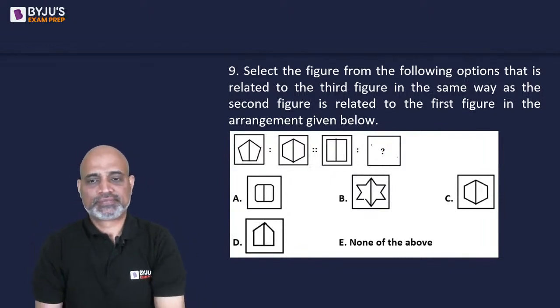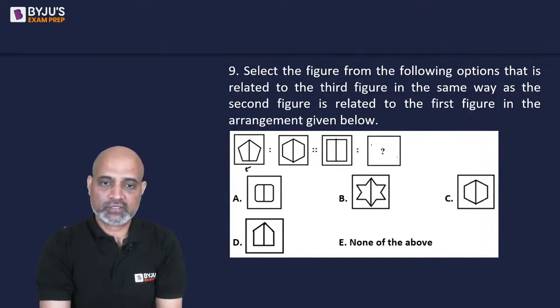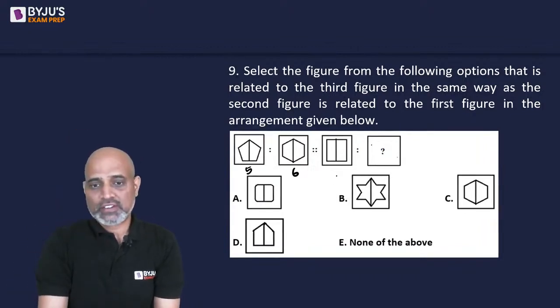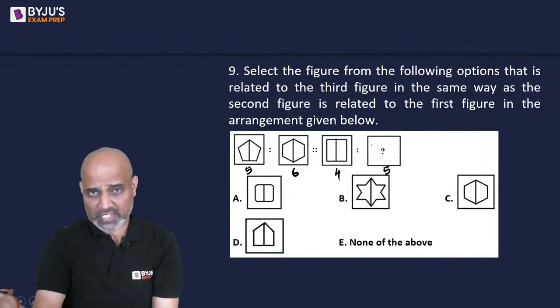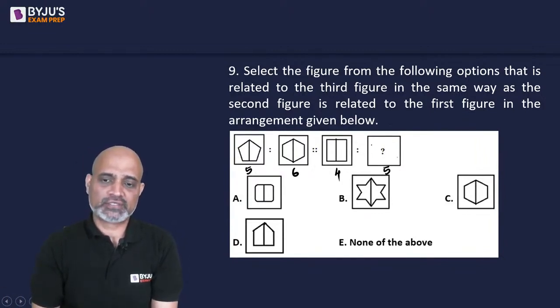We have a 5-sided figure, and then we have a 6-sided figure, and we have a vertical line. We have a 4-sided figure, so we need to have 5-sided figure, एक extra side and a vertical line. Which out of these is a 5-sided figure and a vertical line?